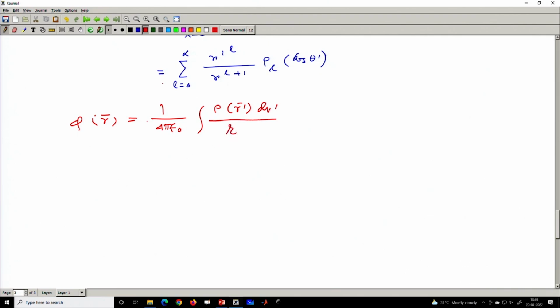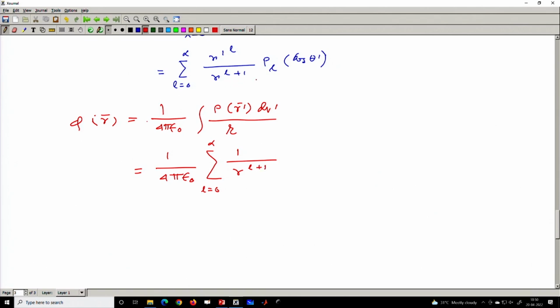Now, whatever 1 by r I have, I just write it in this way: 1 divided by 4 pi epsilon 0, and then the summation sign where L goes from 0 to infinity, and 1 by r I write like 1 divided by r to the power L plus 1.